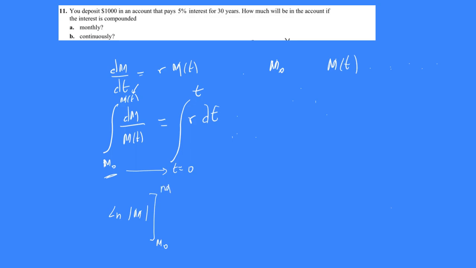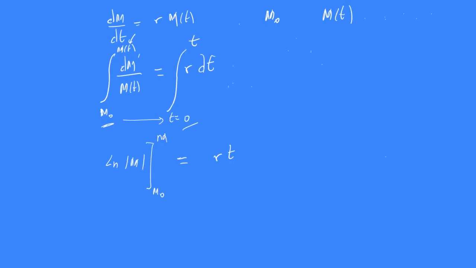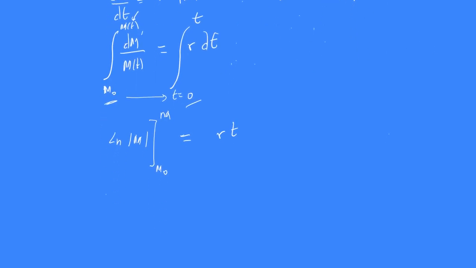And what is the integral on the right side? It is r times (t minus t0), and if t0 is 0, r times t. So the logarithm of m minus the logarithm of m0 equals r times t.